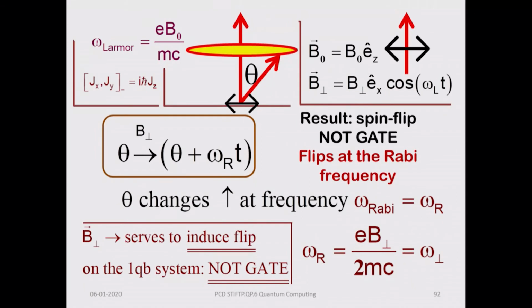So, you can apply this. You notice that theta is changing at the Rabi frequency, which is denoted by omega r. So, there are two omegas now that we are talking about. One is the Rabi frequency and the other is the Larmor frequency, okay, and they have different magnitudes altogether.